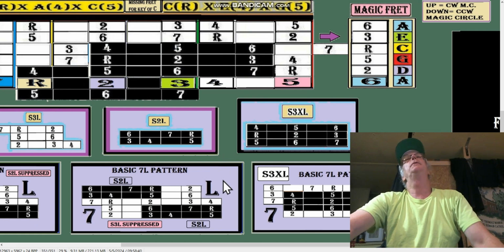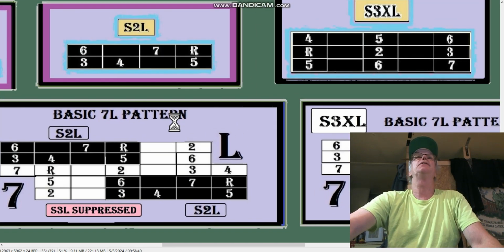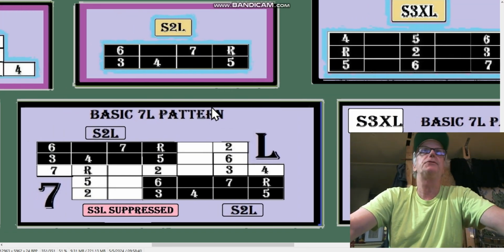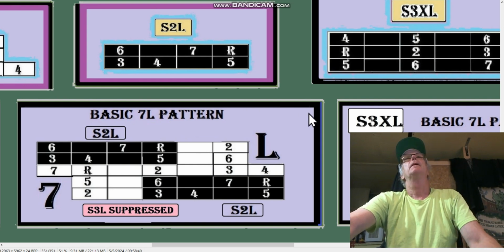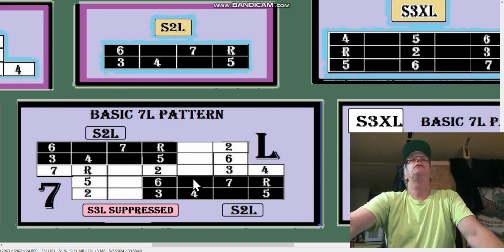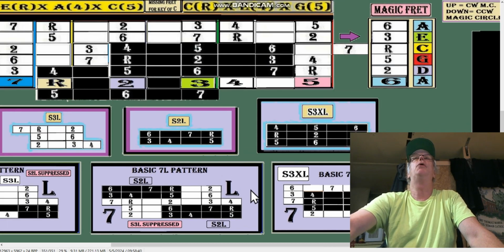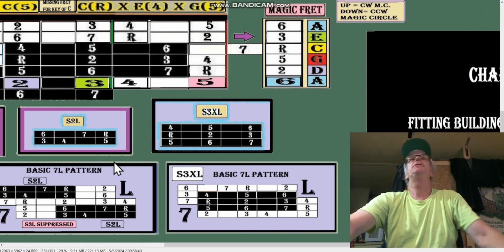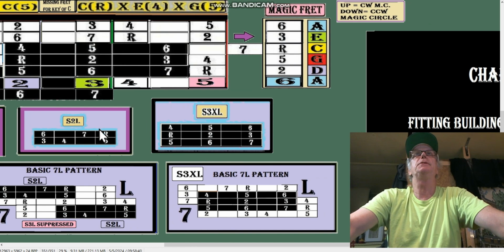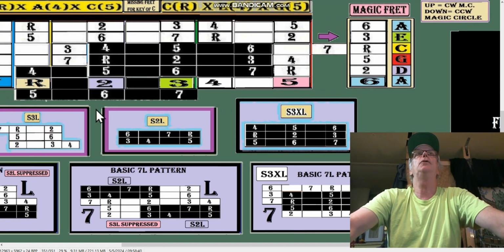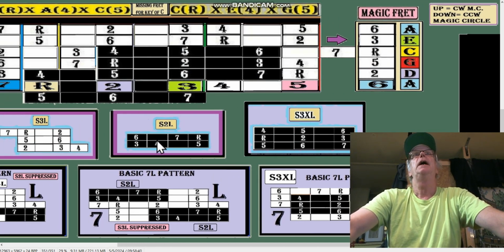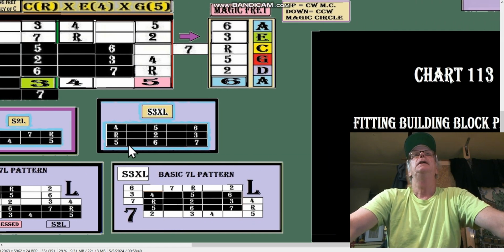So what was the significance of the 7L? Well, believe me, it was very significant. Because when I was first putting patterns together, I was trying to make heads or tails out of this thing. And the 7L pattern is important, because when you do the 7L, as we discussed, it is made only from the S3L here and the S2L there.